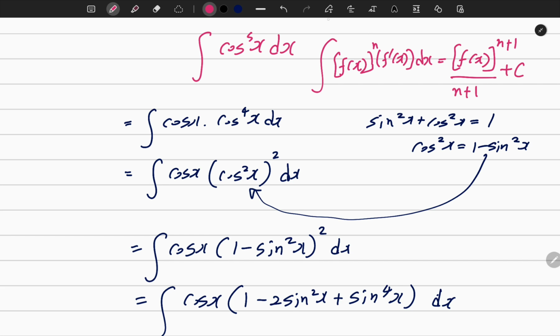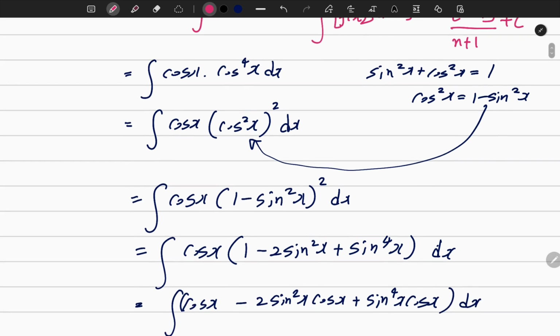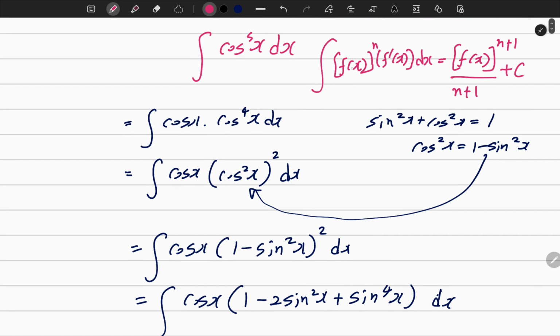So this is a theorem, right? So if a function is multiplied by its differentiation, then I can use this theorem.